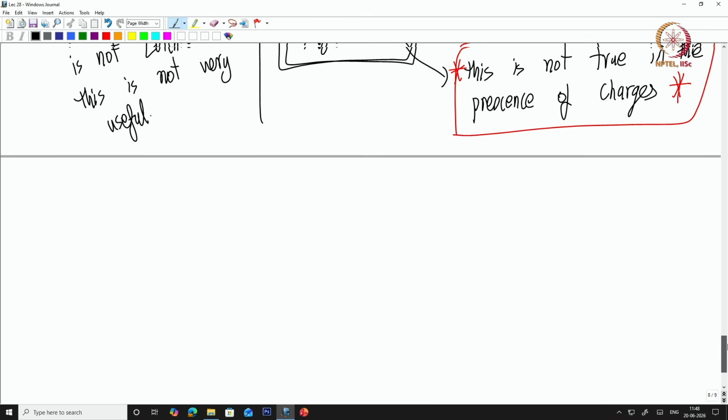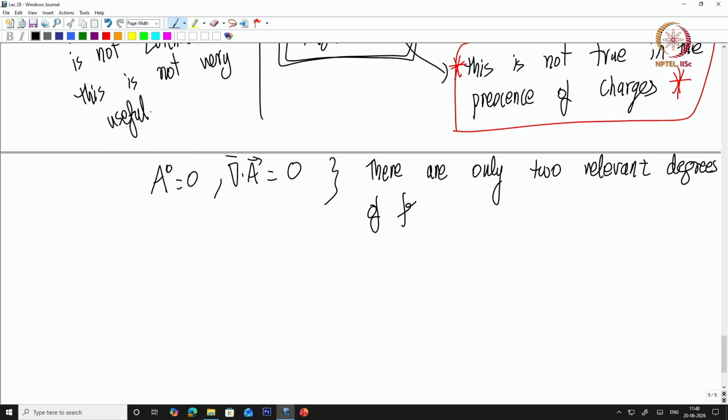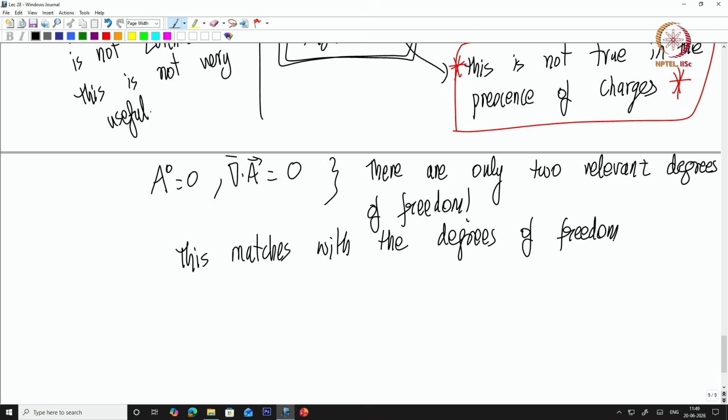These two choices, A0 equal to 0 and del dot A bar equal to 0, mean that there are only 2 relevant degrees of freedom, and this is very nice because it matches the degrees of freedom of the photon, which only has 2 degrees of freedom, or 2 polarizations.